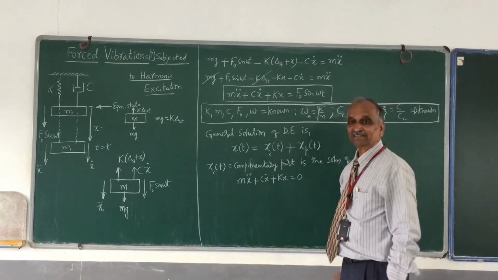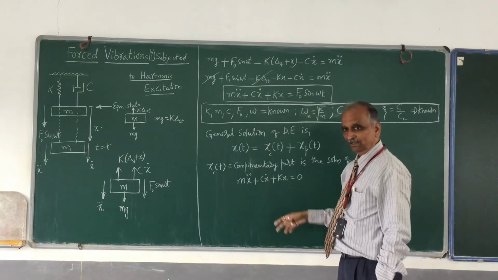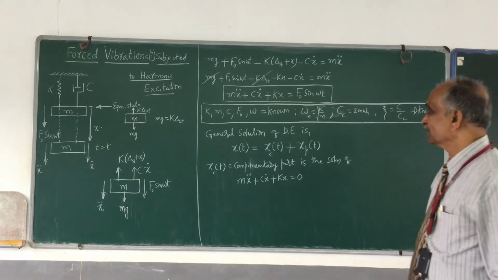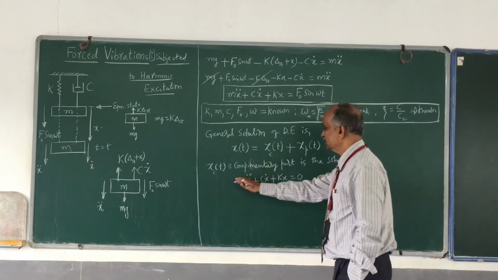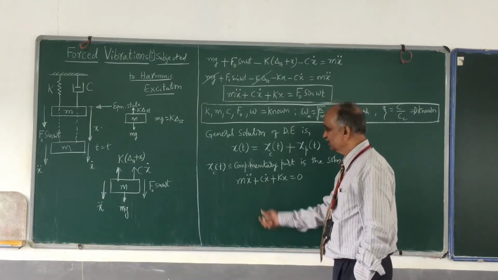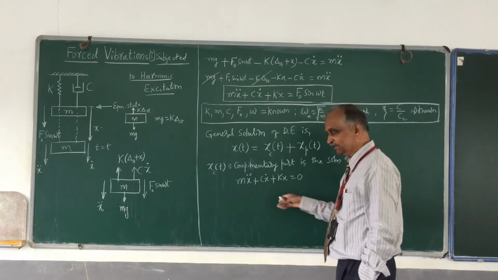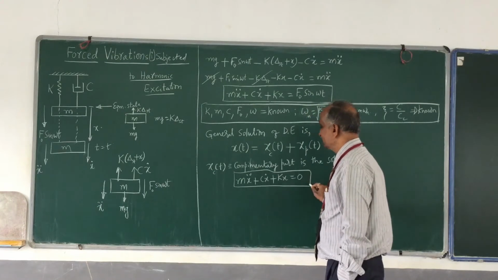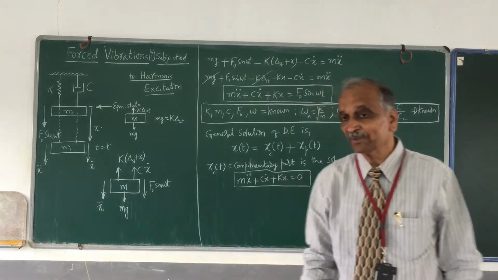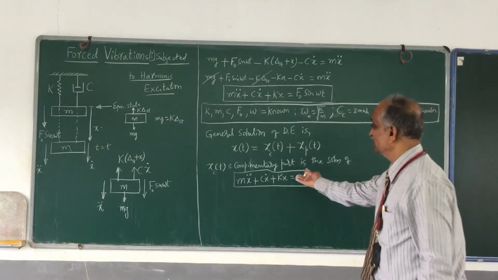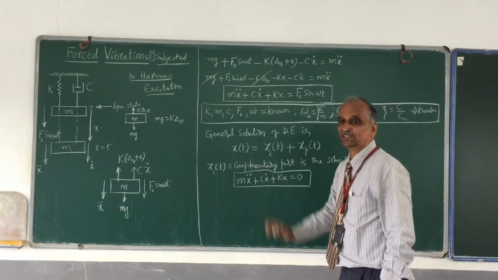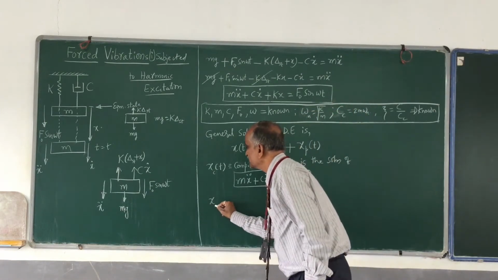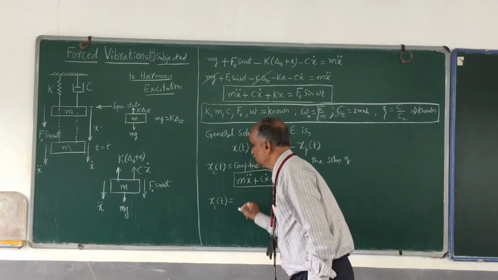If you make the right hand side 0, you have the solution, and that solution is nothing but the complementary part. Does it make sense now looking at this equation? This is the same thing you have studied under damped free vibrations. The solution of this equation is xc. So now I can write xc of t is equal to.